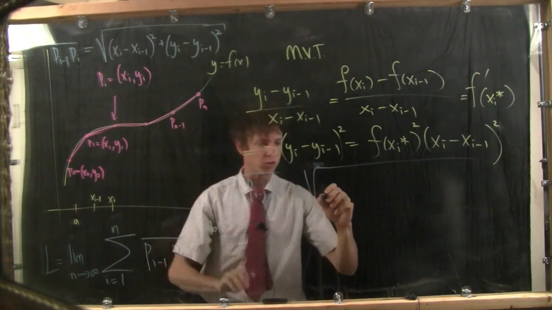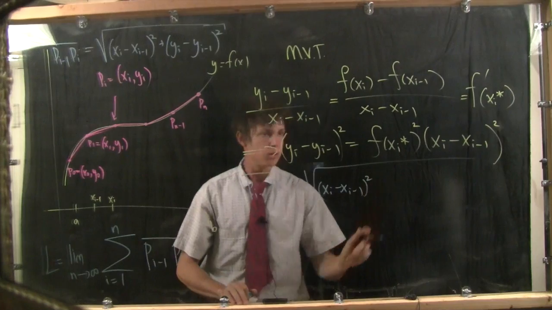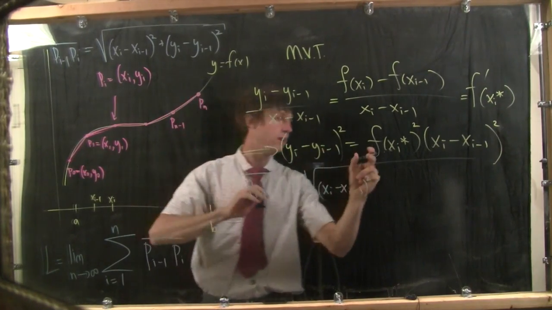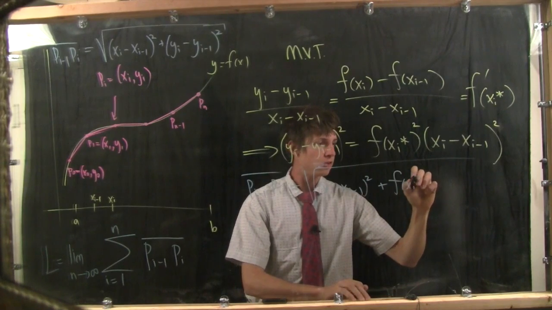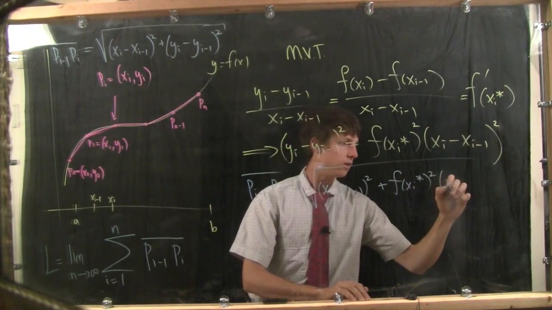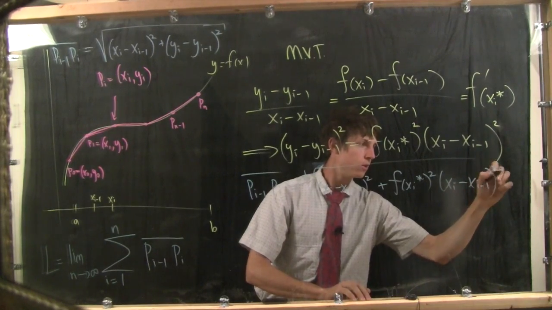So I still have that first term. Now for the second term, I'll plug in this thing. So plus f prime of xi star squared times xi minus xi minus 1 squared.